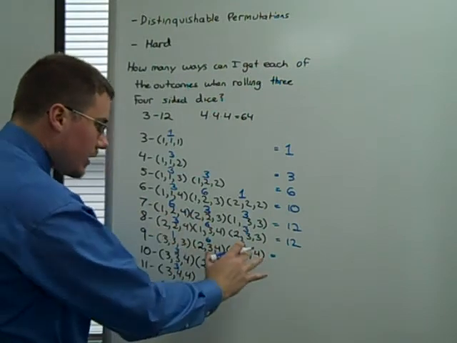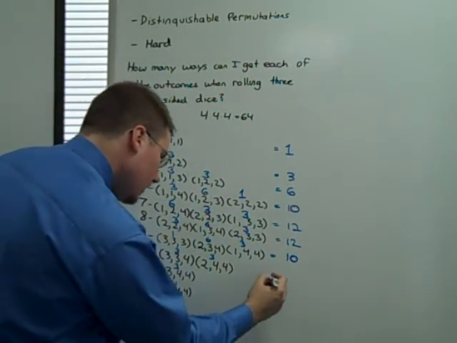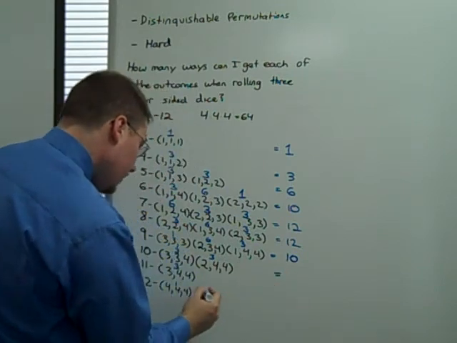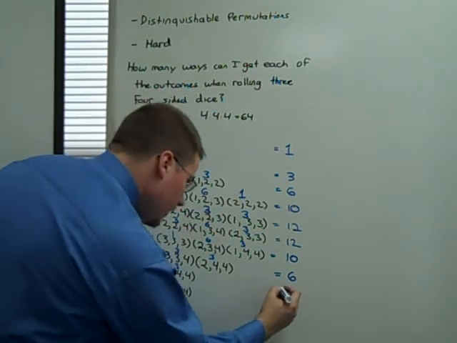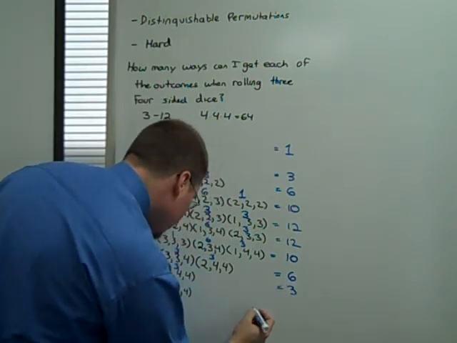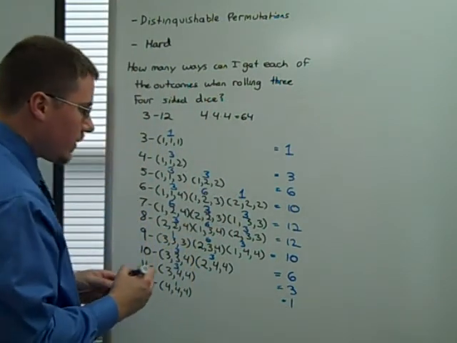And again, echoing the symmetry, there are 10 ways to get a 9, 6 ways to get a 10, 3 ways to get an 11, and 1 way to get a 12.